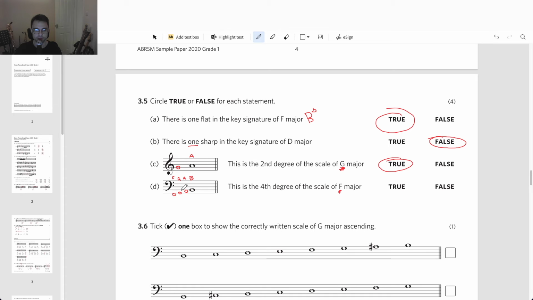F, G, A, B. And it's asking, is this the fourth degree of the scale?